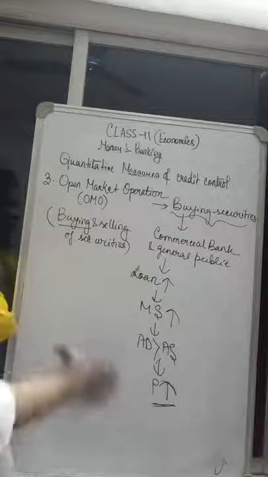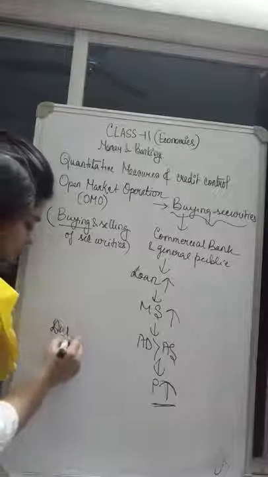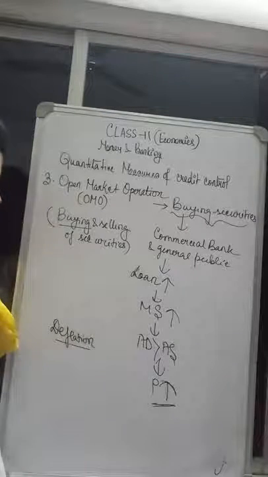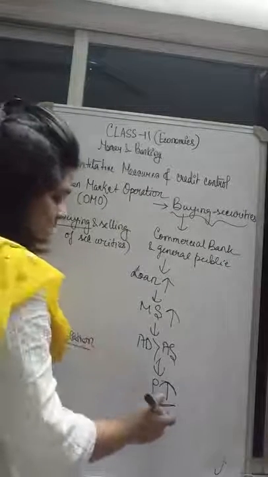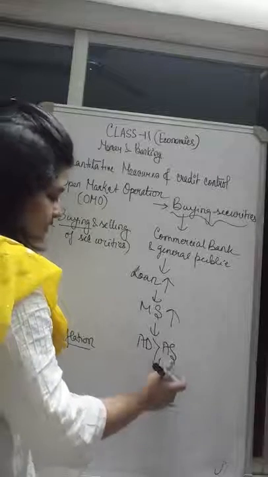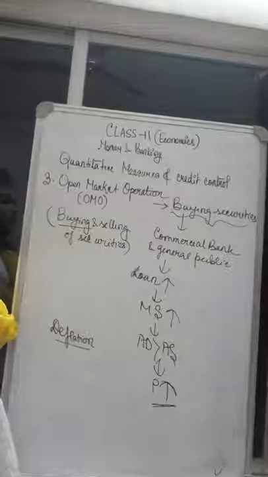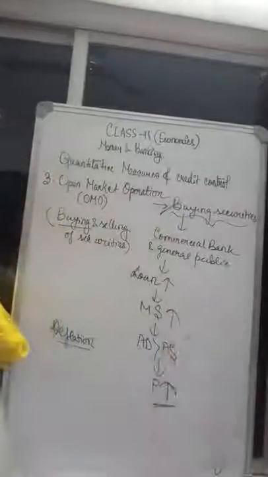That means earlier what was the problem? Definitely the problem was deflation that the economy was suffering through, that is price fall. It is a problem of the producers. So what was needed? The effect that was needed is to increase the price, and for which the RBI or the central bank engaged in buying securities.